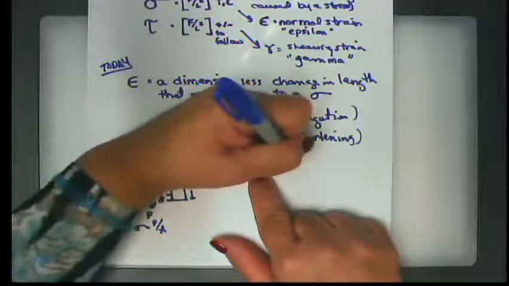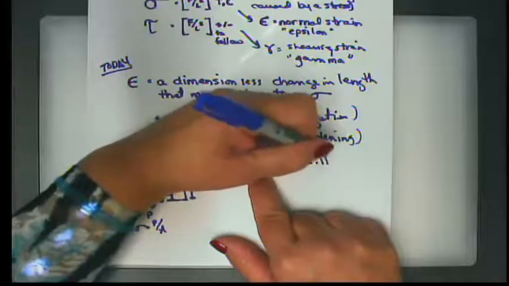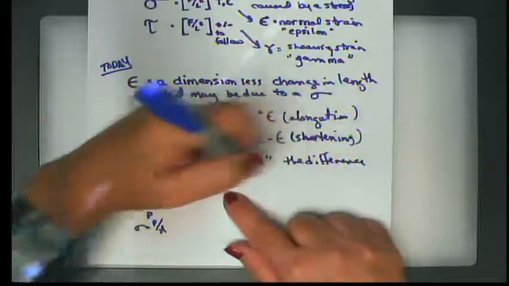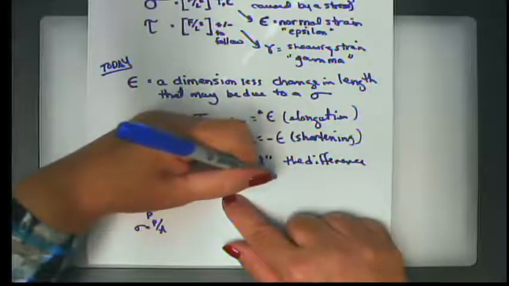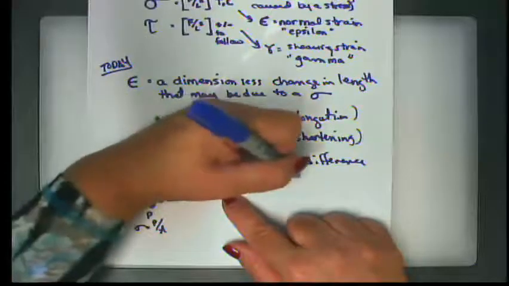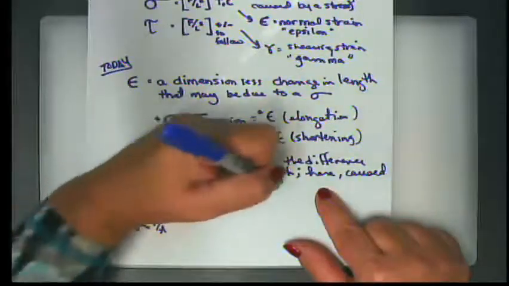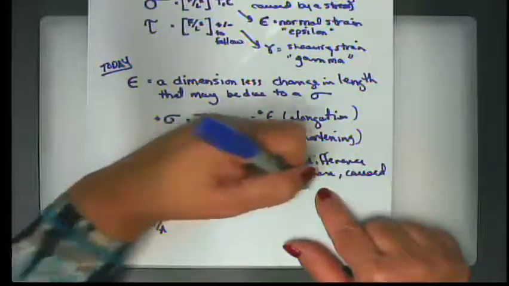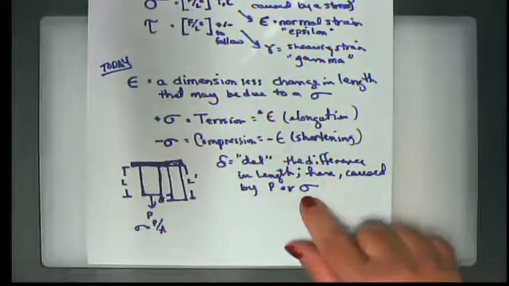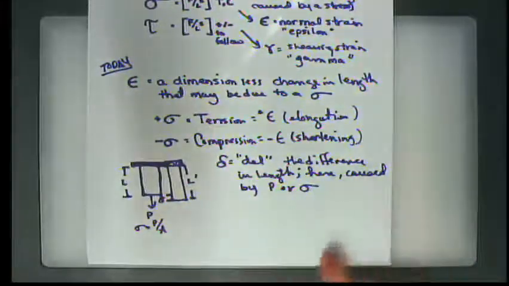So del is the difference in length here caused by P or sigma. In other words, caused by the load or by the normal stress.